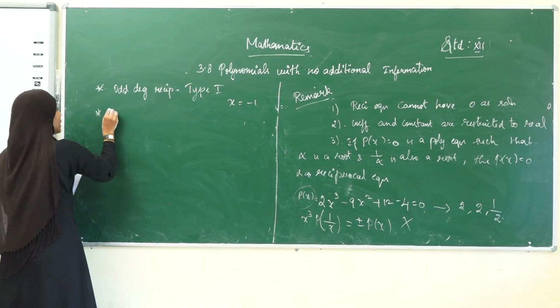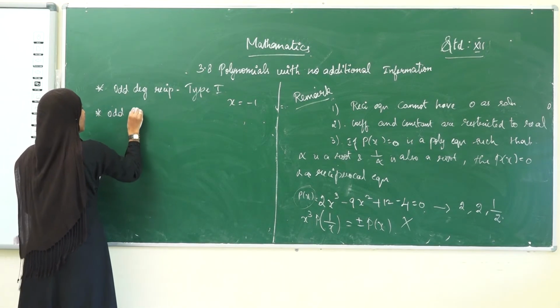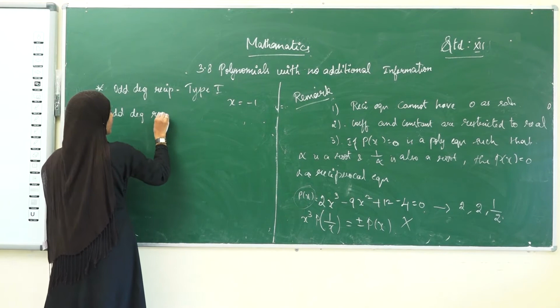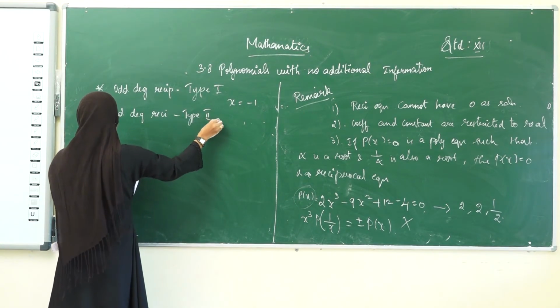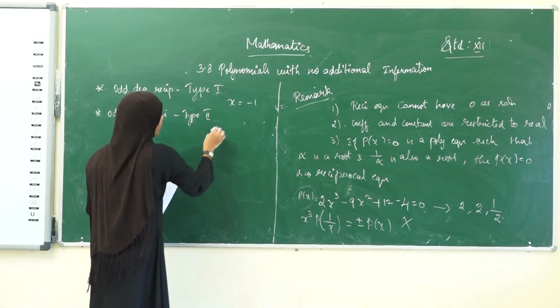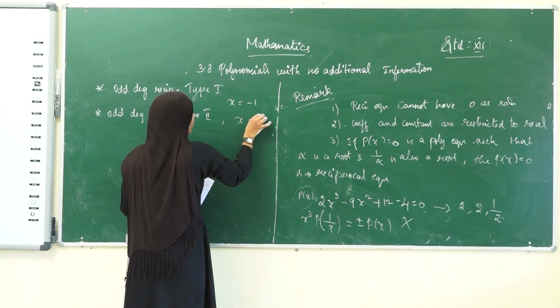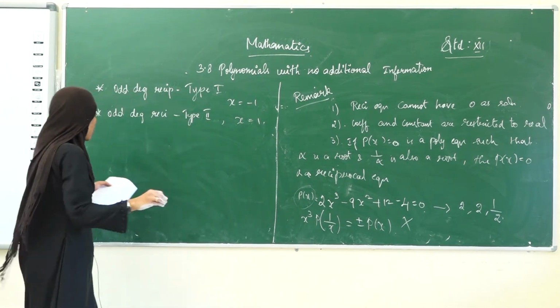When the equation is an odd degree reciprocal equation of type 2, one of its roots will be 1.